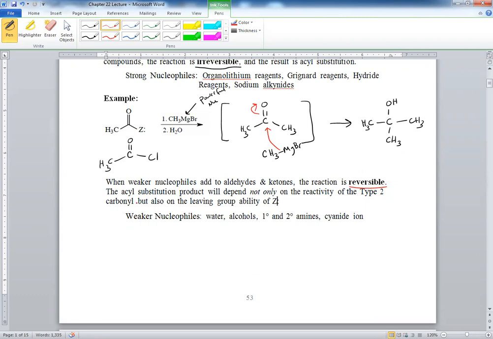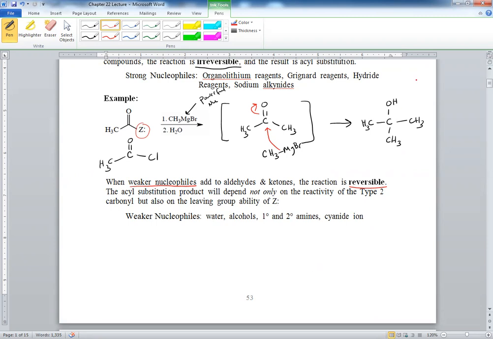The acyl substitution product will depend not only on the reactivity of the type 2 carbonyl, but also on the leaving group ability of Z. So Z is going to govern whether the reaction is going to take place or not, especially when you use weaker nucleophiles: water, alcohols, primary and secondary amines, cyanide ion, and there are more, of course. That's the highlight of this chapter.